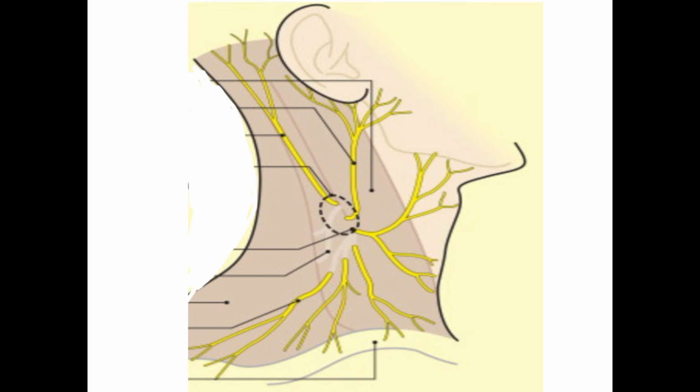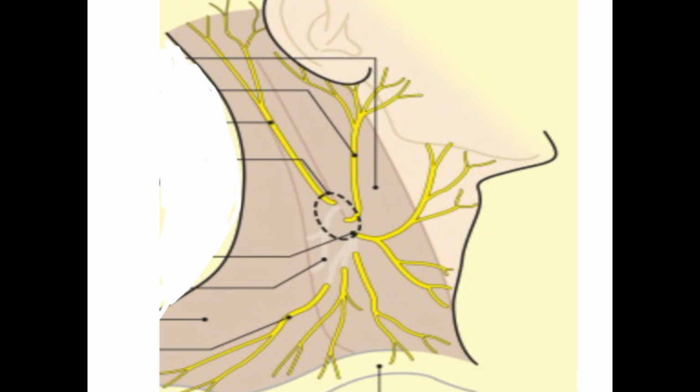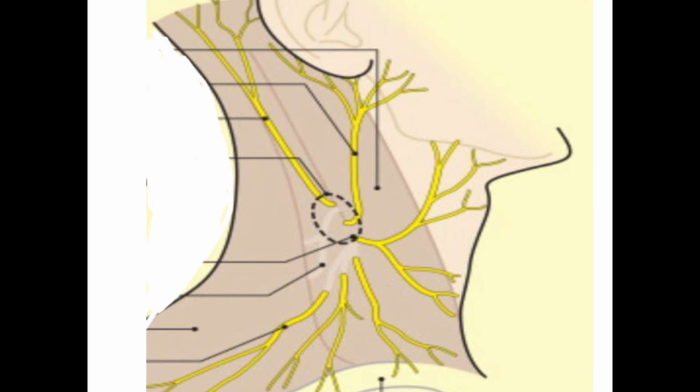From the cervical plexus, you get branches. What are those branches? This is the lesser occipital nerve running along the posterior border of sternocleidomastoid, and the root value for lesser occipital is APR of C2, that is anterior primary ramus of second cervical segment.